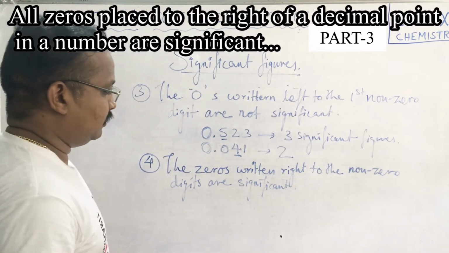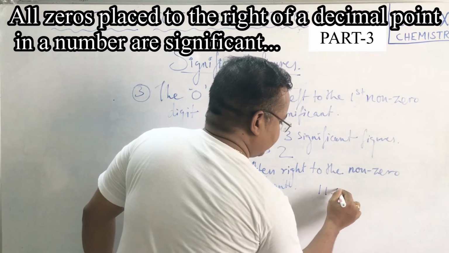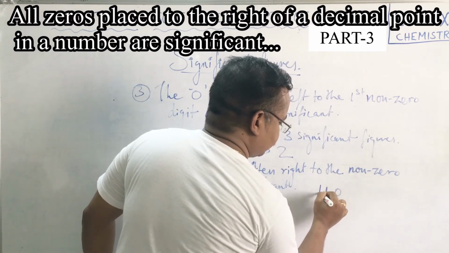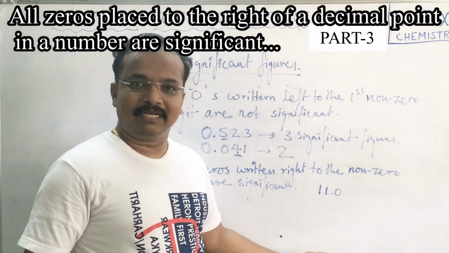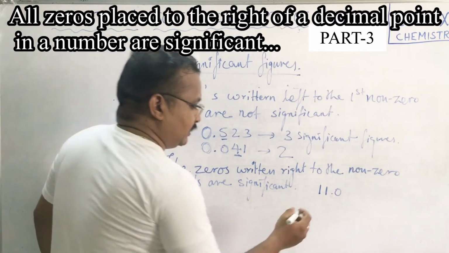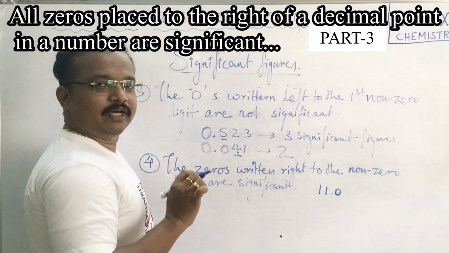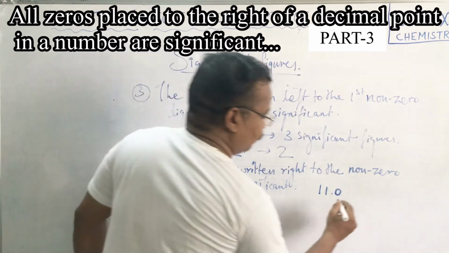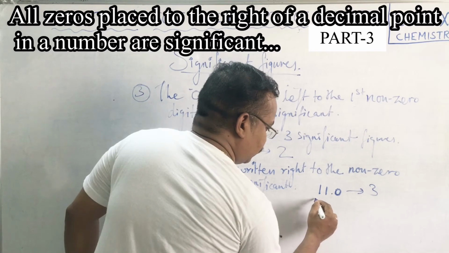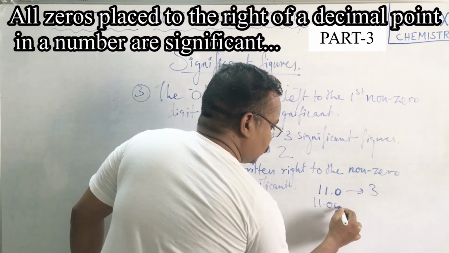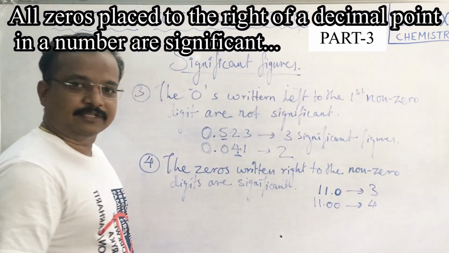For example, 11.0. In normal cases, when we write 11.0, we say simply 11. But this zero will be considered significant according to the rules of significant figures. So we have three significant figures here. And suppose we have 11.00, there we will have four significant figures.